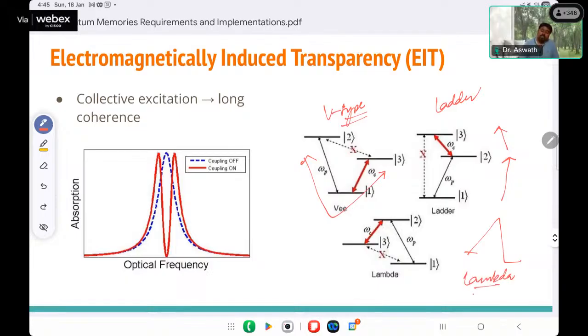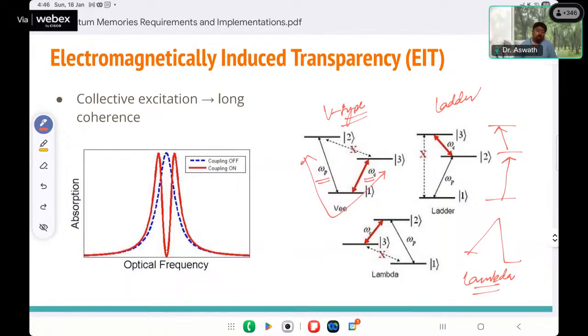The same atomic system can be considered in all these three configurations. You know why? I can choose my two incident fields: one is the pump field, another is the probe field, and their corresponding frequencies. The strength of the fields should be such that the V type, ladder type, or lambda type transitions can be realized.